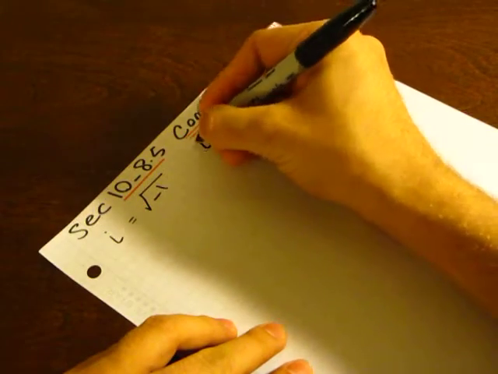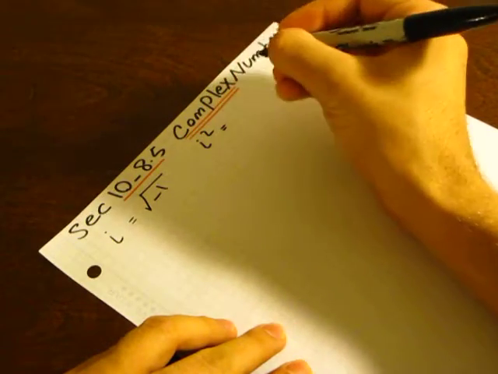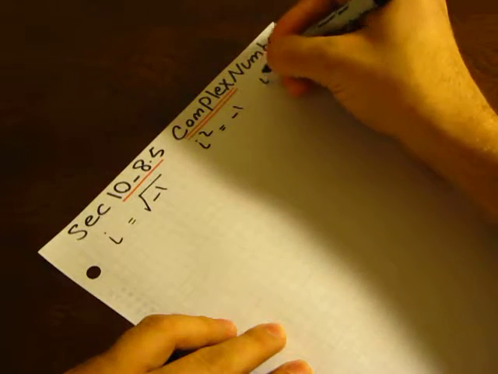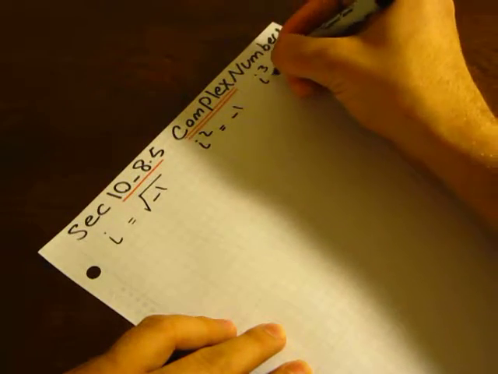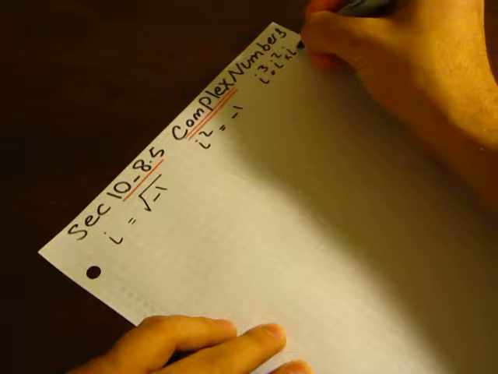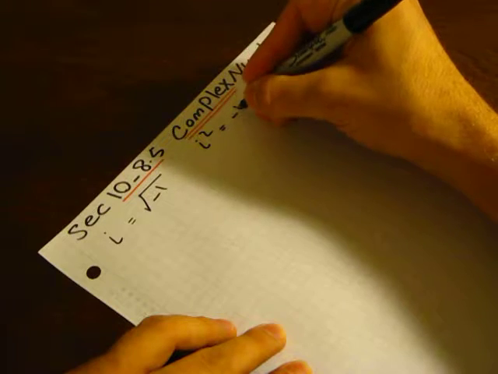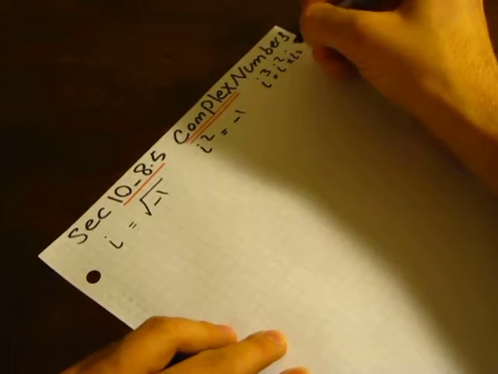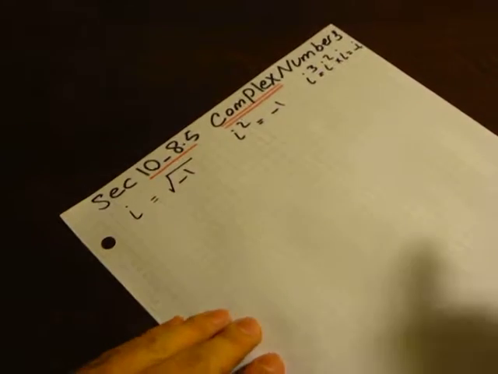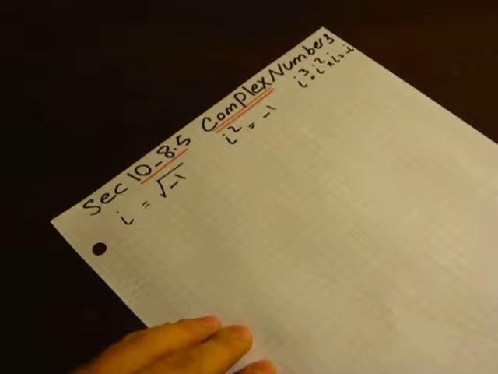As you see, I can figure out i squared, which is -1, and also i to the power of 3, which is i to the power of 2 times i, which is -1 times i, which is -i. You can also find other combinations of i as well.